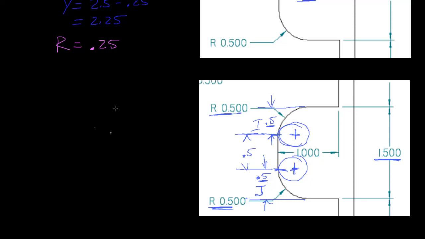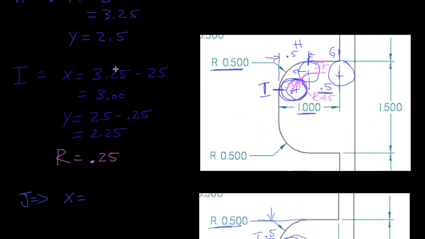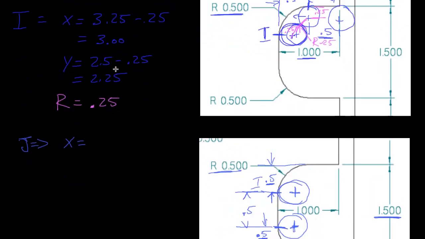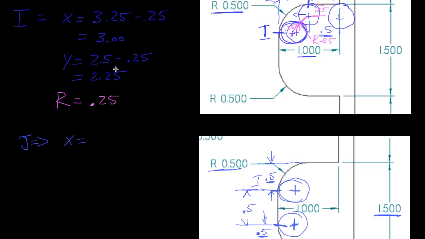Okay, so at point I, let's just write j here. So the x point of I was 3 inches, or sorry, the x will not change, so this is going to stay at 3 inches.